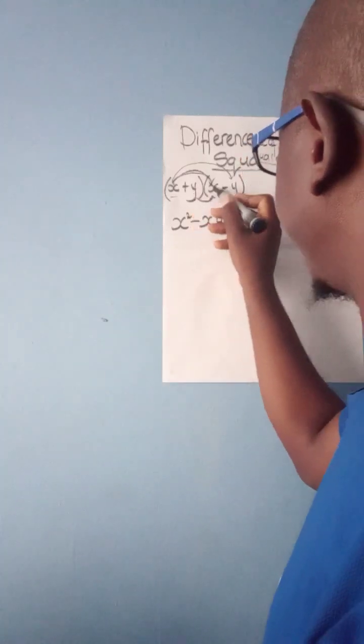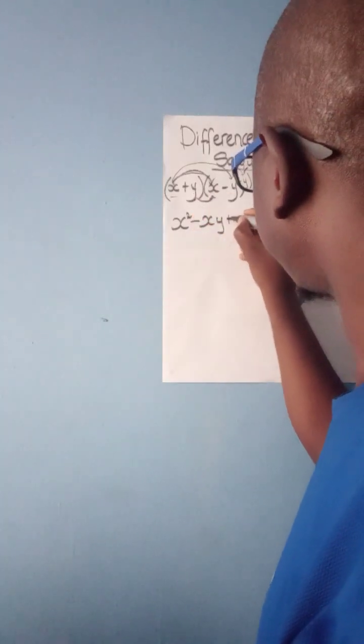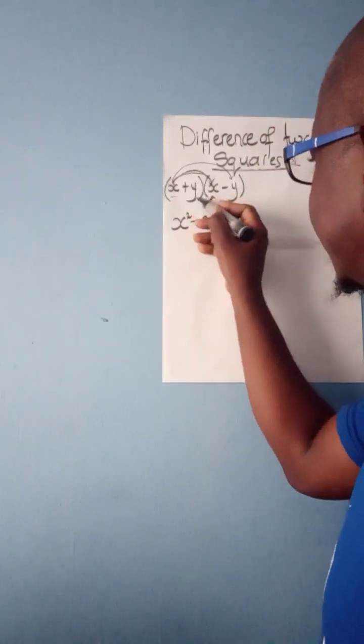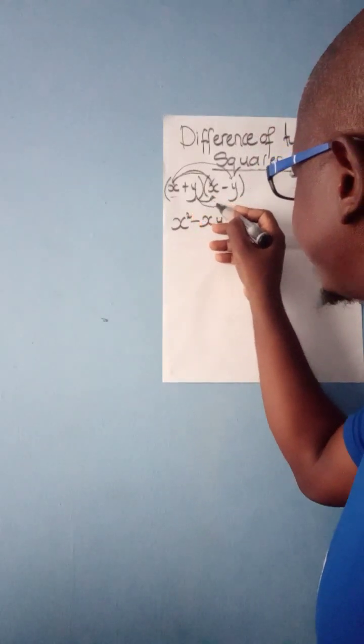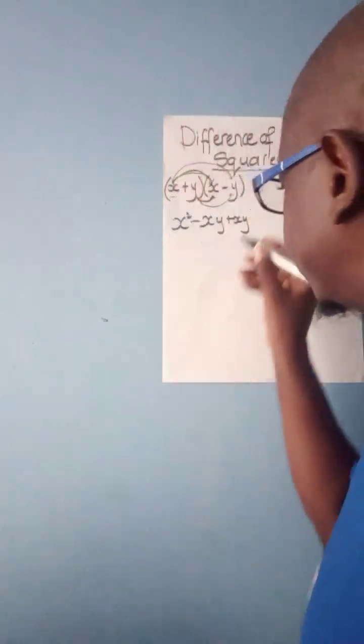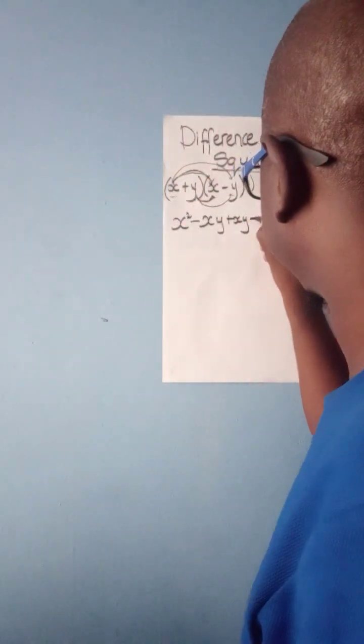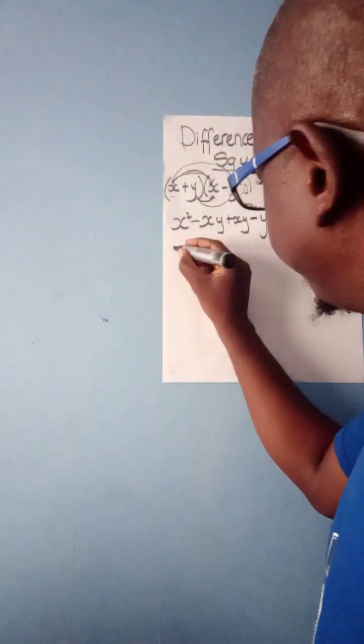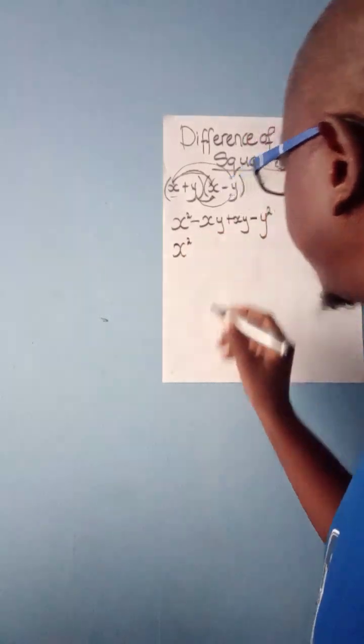So this yx is going to be plus xy. And then, after having done that, we further multiply the y, and this is going to give us a negative y squared. So now bring this down to x squared.